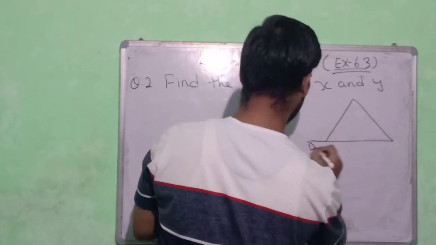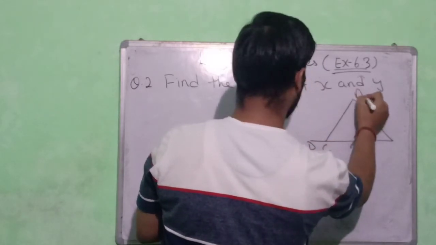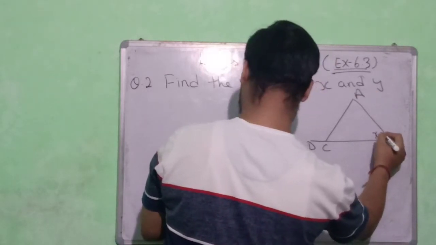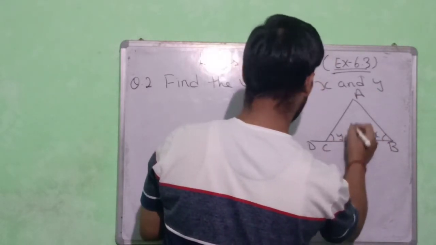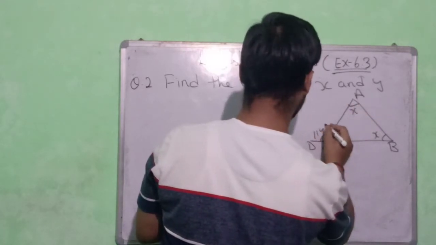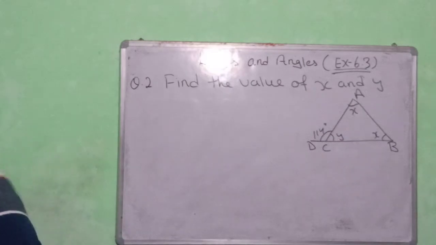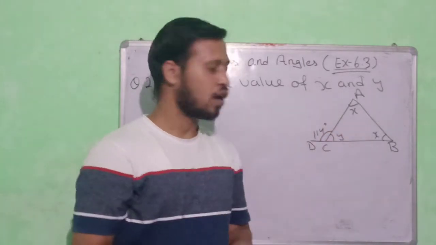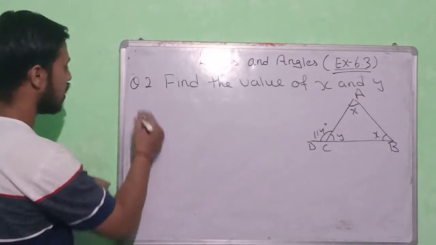This is D, this is C, A. This is x, this is y, this is also x, and this is 114 degrees. Now students, this is our question. What we have to find? We have to find the value of x and y.